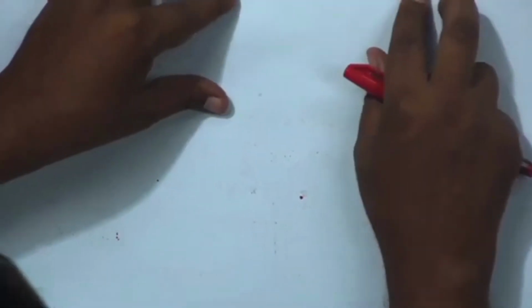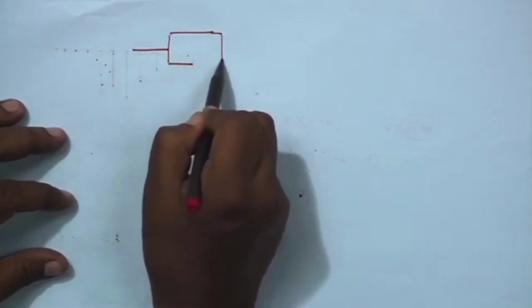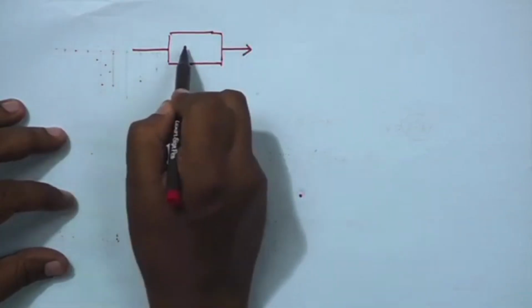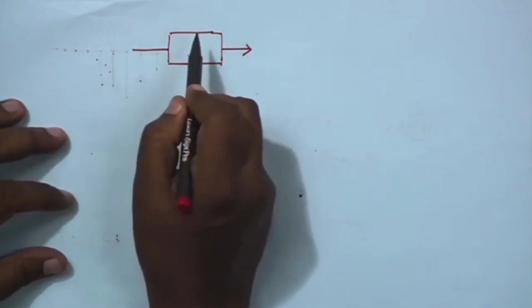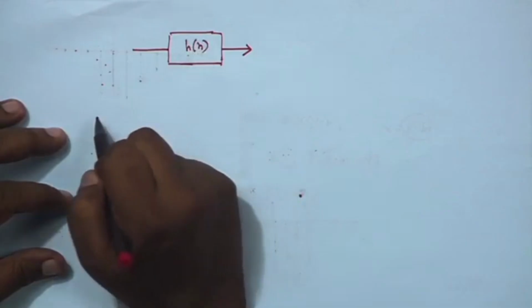Now, before I conclude this section today, there is one interesting property I want to show. Suppose there is a linear shift invariant system whose impulse response is h[n].